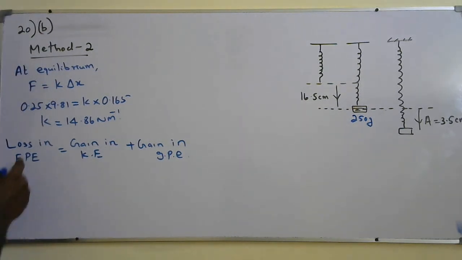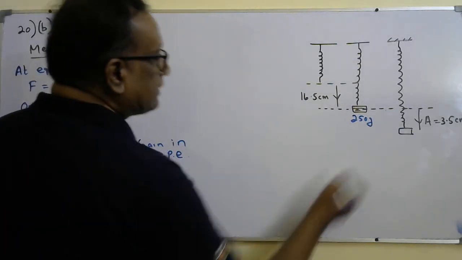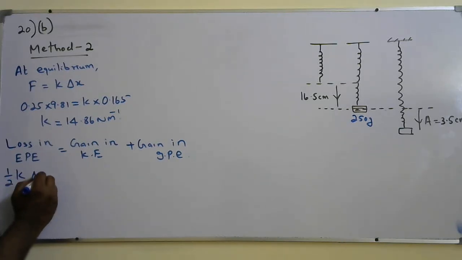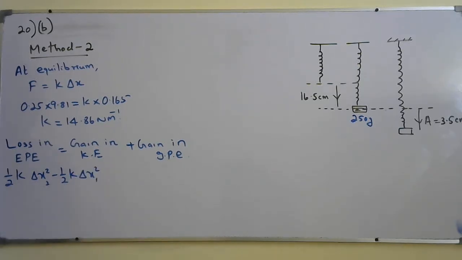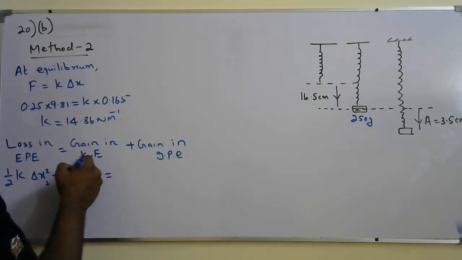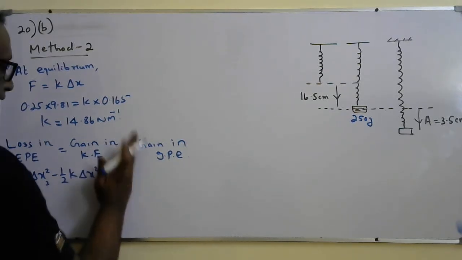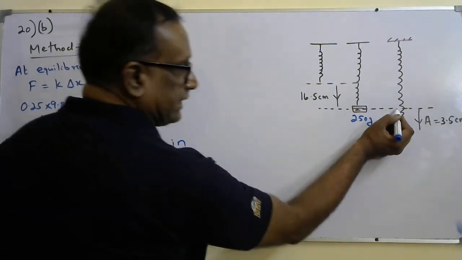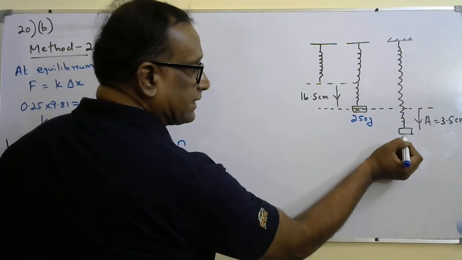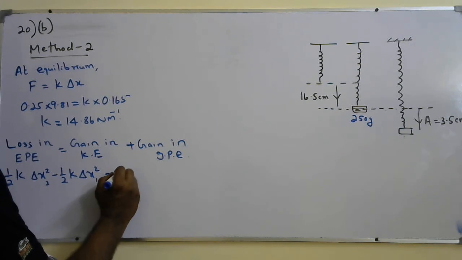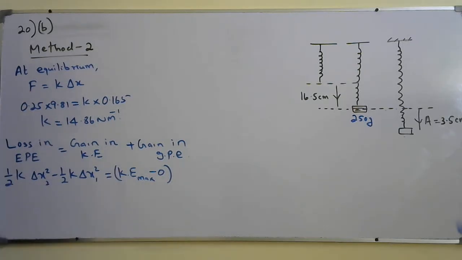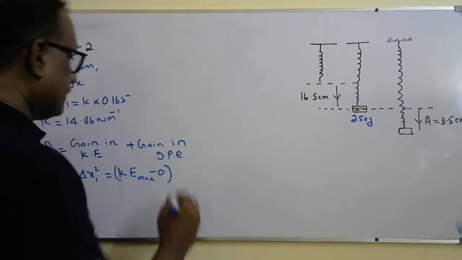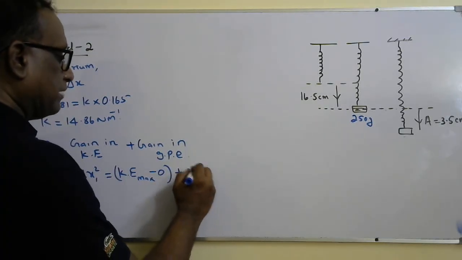So loss in EPE is half k delta x2 squared, at the lowest position, minus half k delta x1 squared at the equilibrium position, equal to gain in kinetic energy. Gain in kinetic energy means final kinetic energy, that is the maximum kinetic energy, minus the kinetic energy at the lowest position, which is 0, plus gain in GPE, that is mgh.